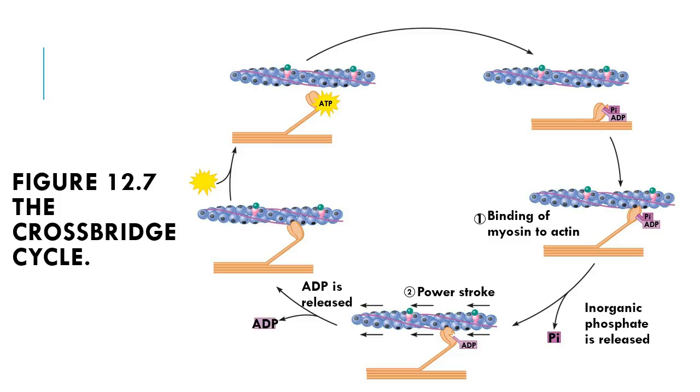The myosin cross-bridge is still attached to actin. So what has to happen is the thick filament, or the myosin cross-bridge, has to detach. The only way that it's going to detach is the addition of a new ATP molecule. So a new ATP molecule will cause the myosin cross-bridge to detach. And then if calcium is still available, we can reactivate the myosin cross-bridge and then cycle through again.